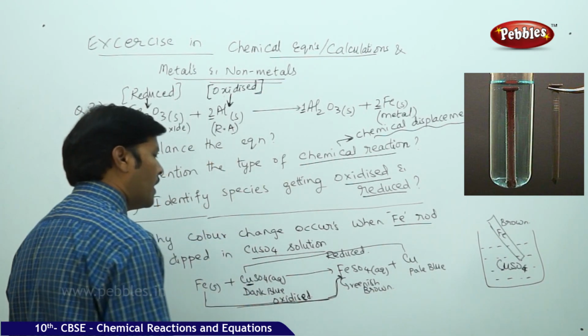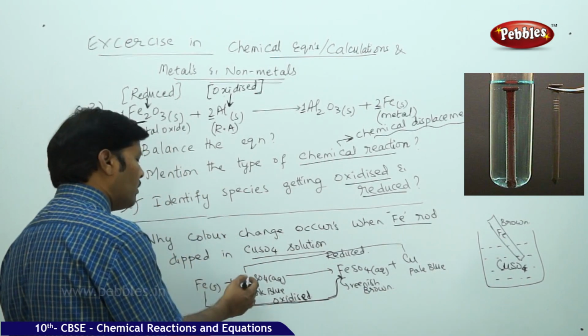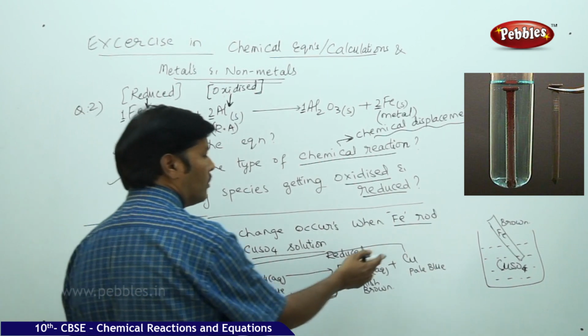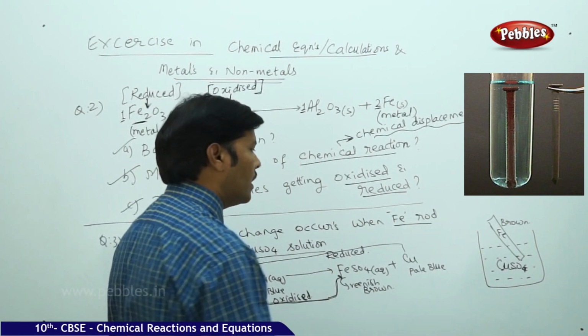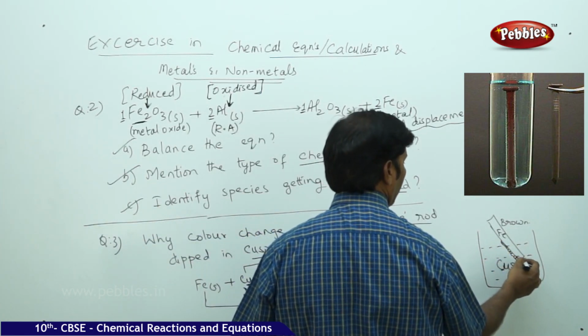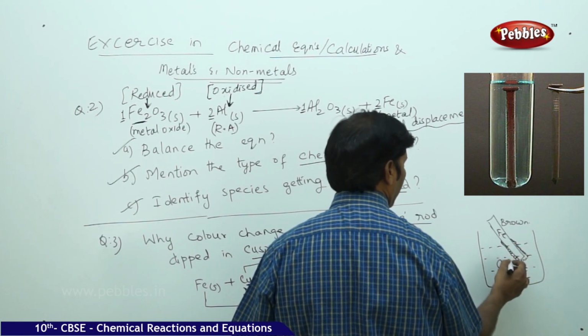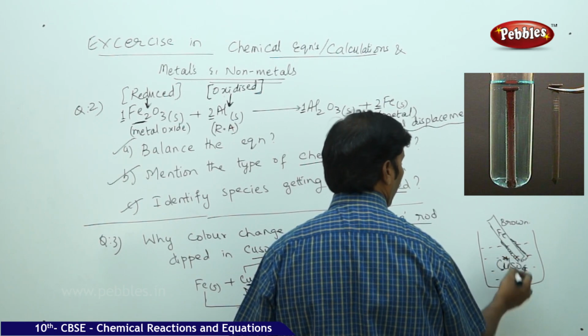The reason is that the iron is trying to reduce the cupric ions in copper sulphate to copper. That is why there is a change in the color. You can see that there is an intense greenish color, and here there is a dip in the copper sulphate solution to pale blue color.